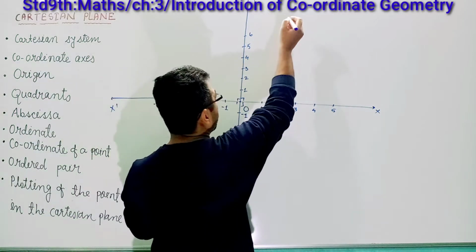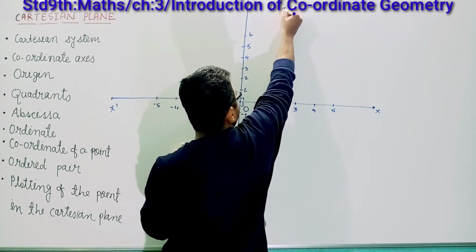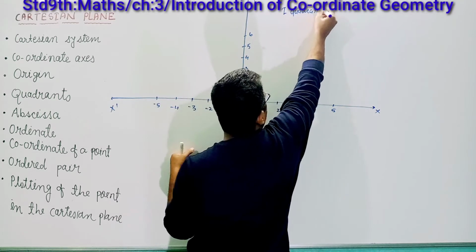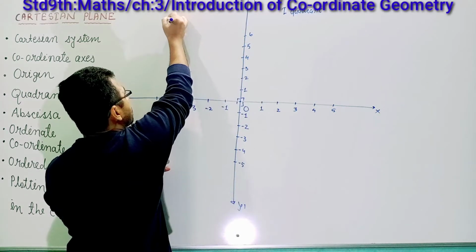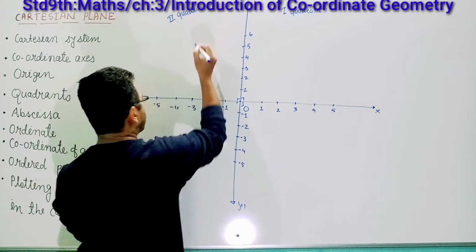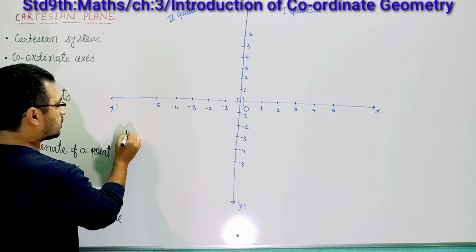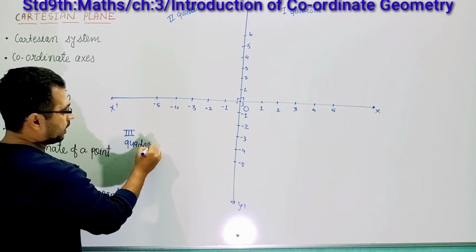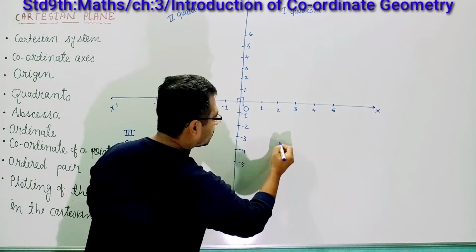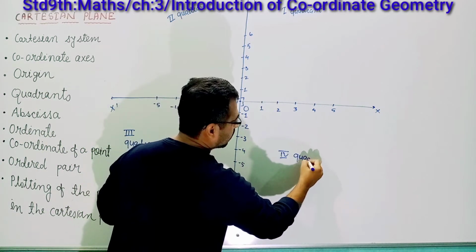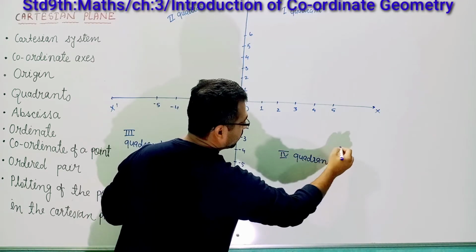The first part is known as the first quadrant. This is the second quadrant. This is the third quadrant, and this is the fourth quadrant.